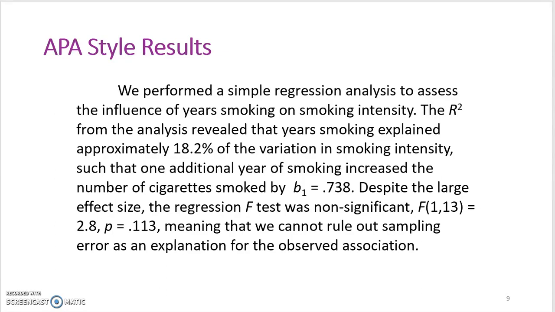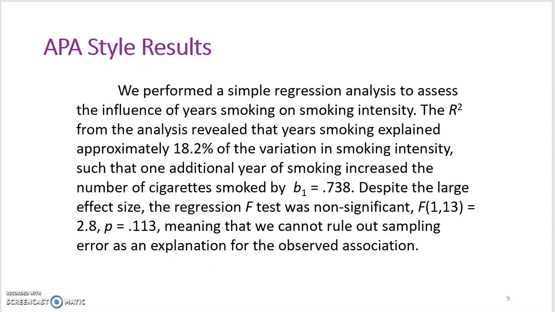And then in this lecture, we've looked at the proportional reduction in error and R-squared, and we saw that the proportional reduction in error actually meets the criteria for a large effect size. It was 0.182, and we know that the cutoff for large is anything greater than 0.14. So we basically need to figure out a way to incorporate all of this information into a paragraph of results for this study. So this is how we would do that.